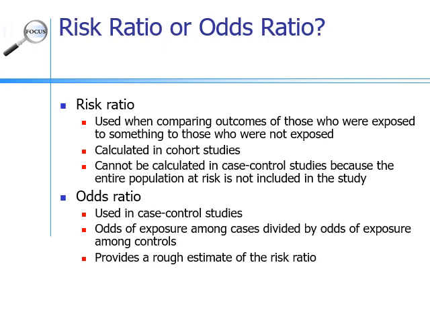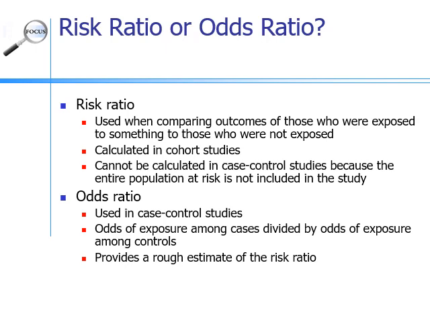The risk ratio or relative risk is used when we look at a population and compare the outcomes of those who were exposed to something to the outcomes of those who were not exposed. So when we conduct a cohort study, we calculate risk ratios. However, a case control design does not allow us to calculate risk ratios because the entire population at risk is not included in the study.